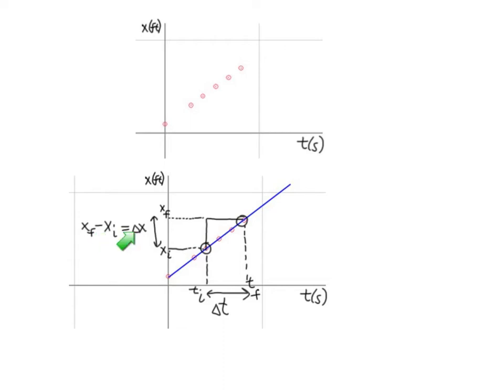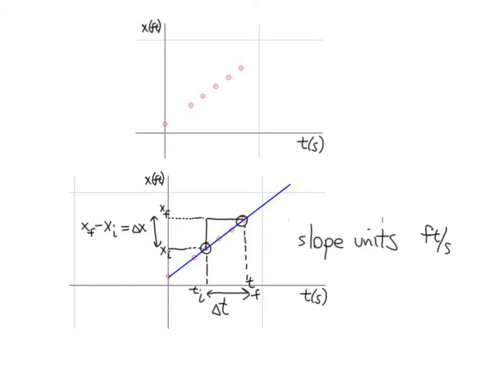And that delta or triangle x means literally change in position. Looking at the run calculation, which is really this time interval here, in order to calculate it, we would need to know what the value of the final time or clock reading is and subtract the initial clock reading from that value.